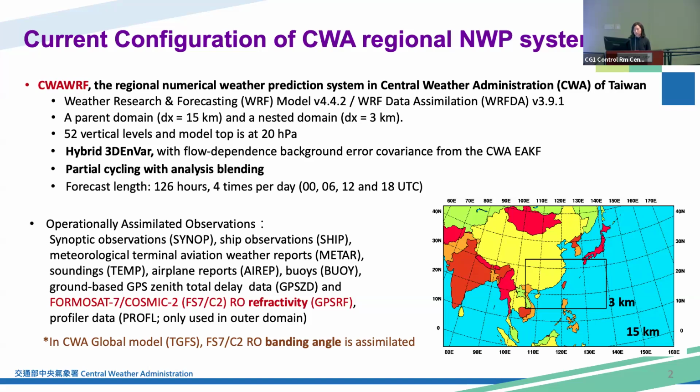The observations we assimilate in our system include various kinds of conventional data. The only satellite data we use is COSMIC-2 radio occultation data, refractivity. By the way, our global model, named TGFS, uses the COSMIC-2 data as bending angle.